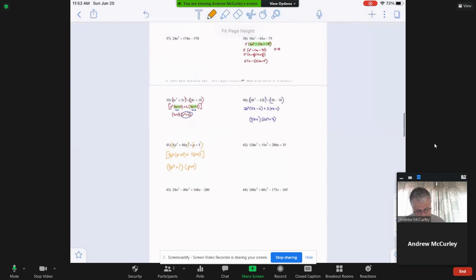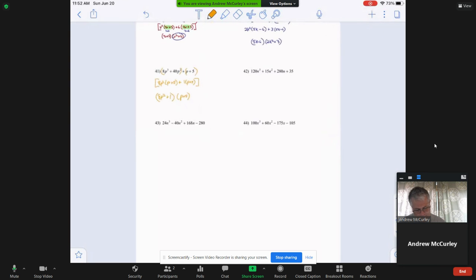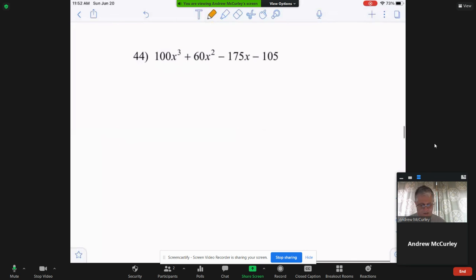I think it's kind of the same thing. I think I'm going to go right to number 44. All right. So first thing you should notice, there's a GCF, right? Looks like we're factoring out a 5, I suppose. All right.